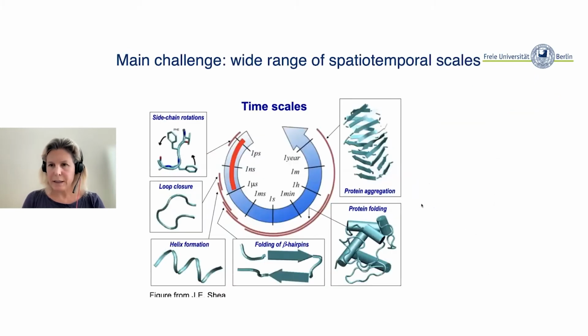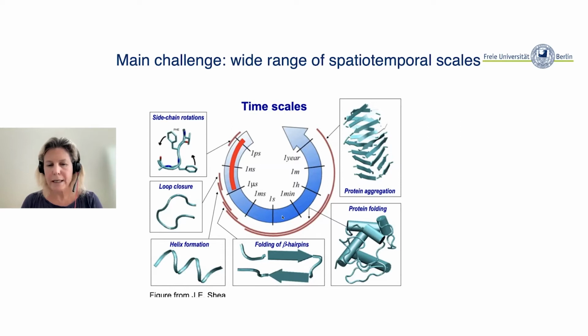Of course, this is easier said than done; if it was easy, everybody would have done it. The main challenge is that proteins, and large biomolecules in general, have a very large range of time scales. They go from the picosecond time scale, where you have local and fast motion, up to, if you're interested in folding, folding events for fast proteins at microseconds, but they can go up to minutes and beyond.